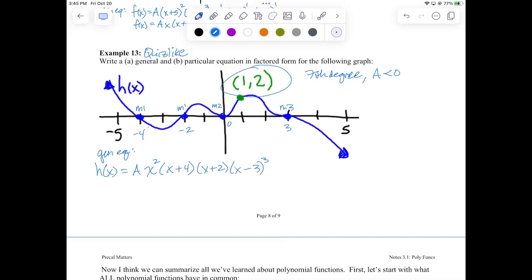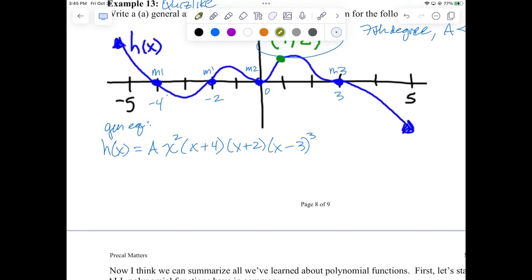Now the point (1, 2) in green is the point that allows us to find the particular equation. So at the point (1, 2), we plug in a 2 for h and a 1 for x. So we get 2 equals a times 1 squared, which is 1. 1 plus 4 is 5. 1 plus 2 is 3. 1 minus 3 is -2, and -2 cubed is -8.